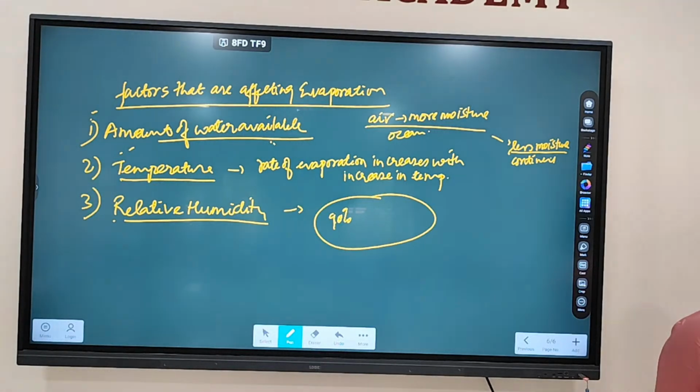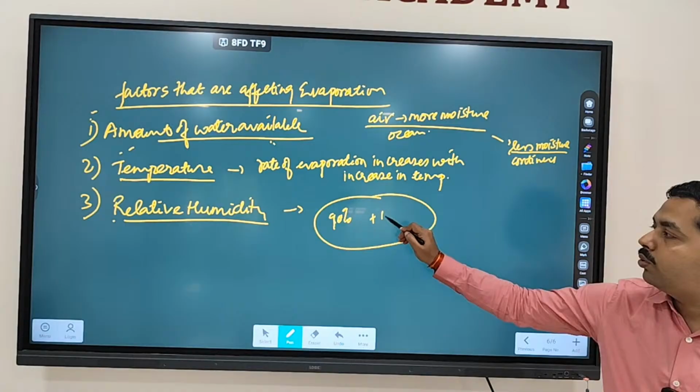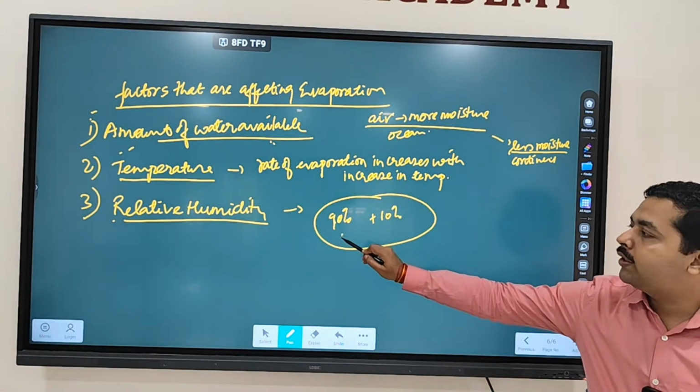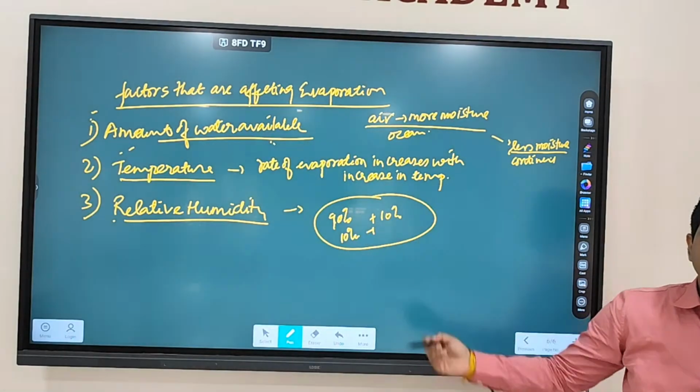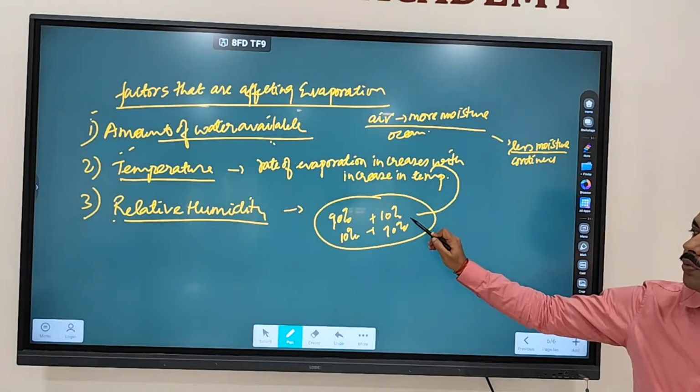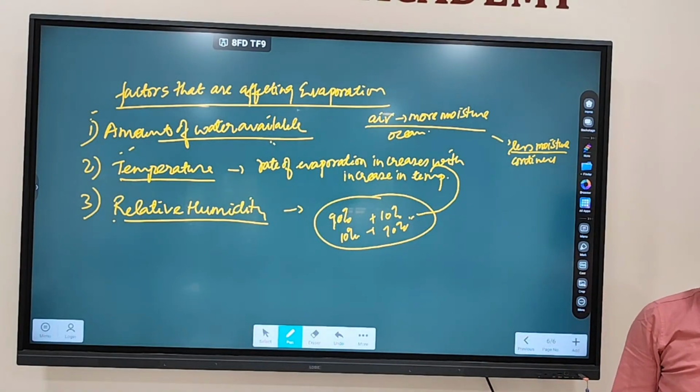The rate of evaporation will decrease because air can't hold further moisture. Air can only hold 10% more. If relative humidity is 10%, air can hold more moisture, so the rate of evaporation will increase. So the rate of evaporation also varies with relative humidity.